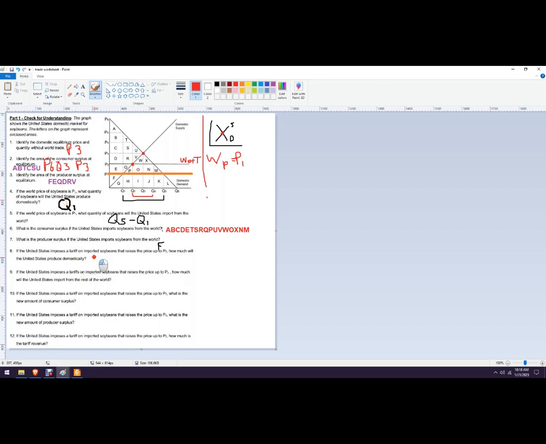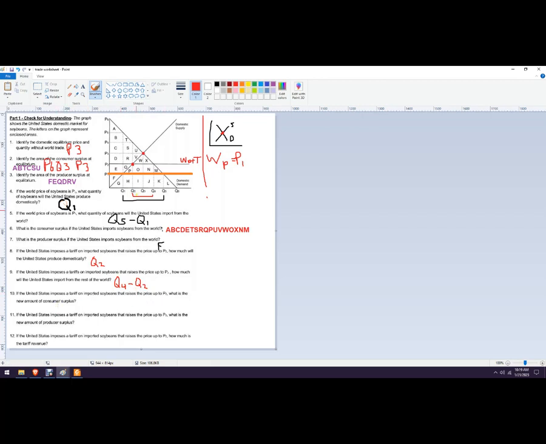If the US imposes a tariff on soybeans, how much will they import from the rest of the world? It'll be Q4, how much they're going to buy, minus Q2, what they're going to produce domestically.